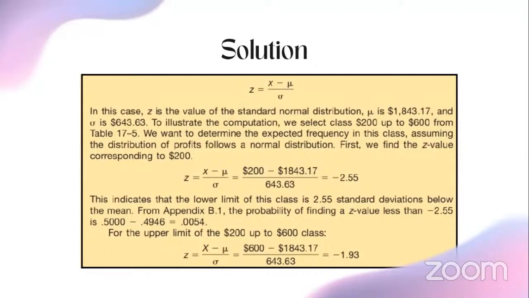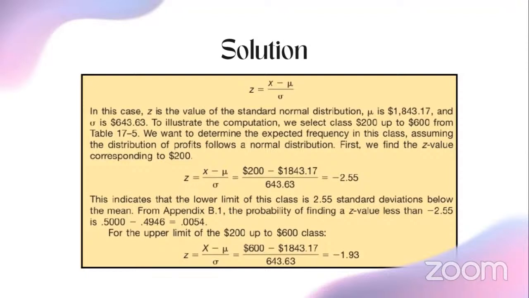For the solution, as you can see on the table here, z equals x minus the mean divided by the standard deviation. In this case, z is the value of the standard normal distribution.